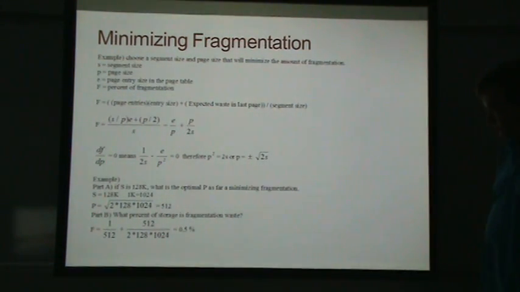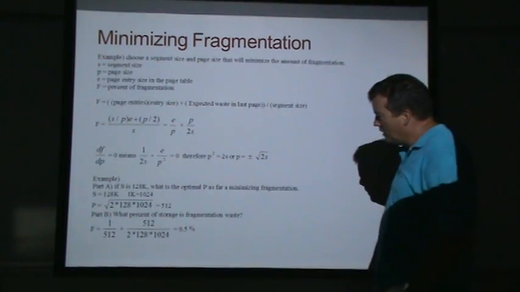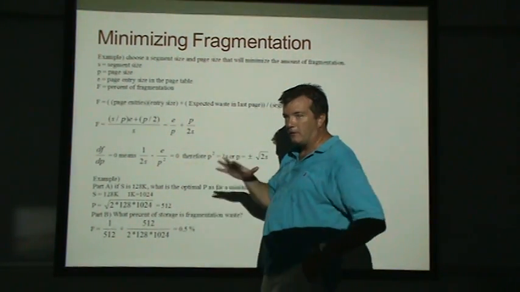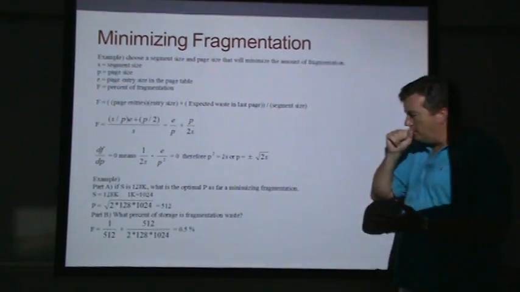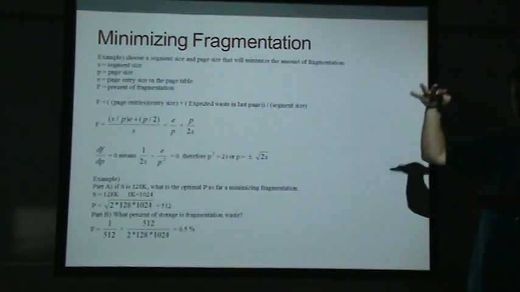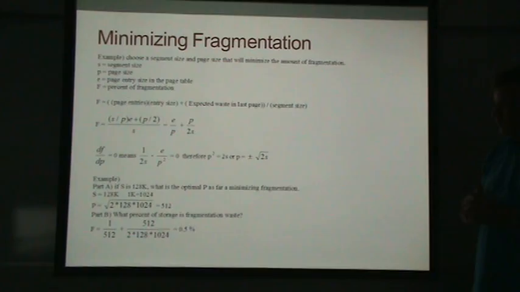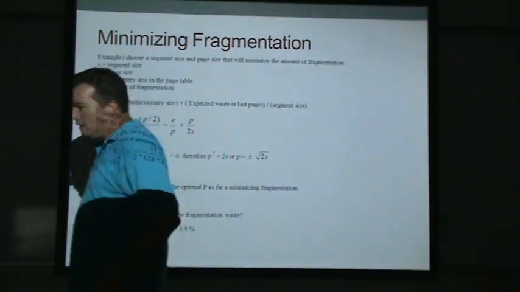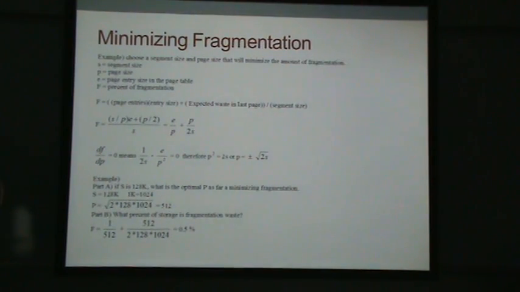And then in that case, we are dedicating 0.5% of our memory to just managing our memory, which means 99.5% of our memory would be dedicated to the actual storage.